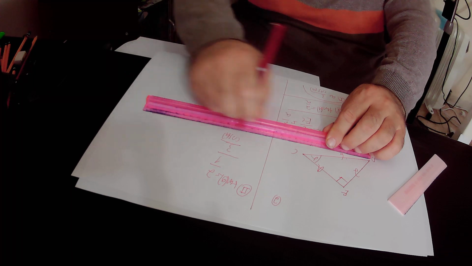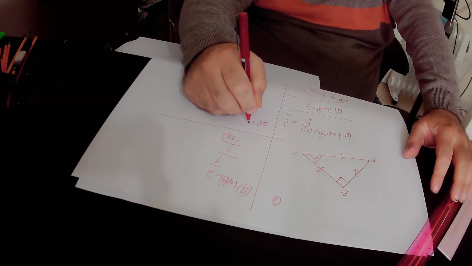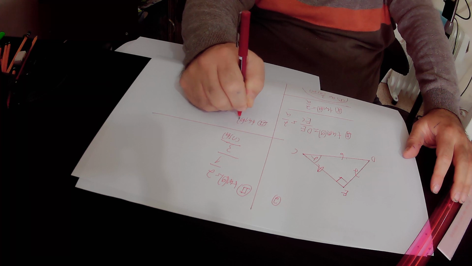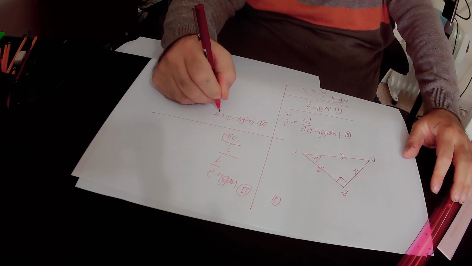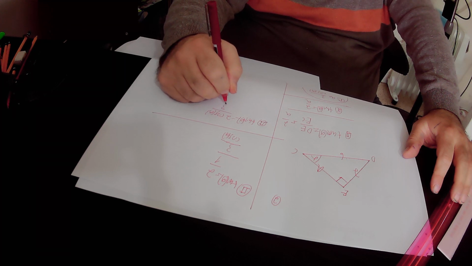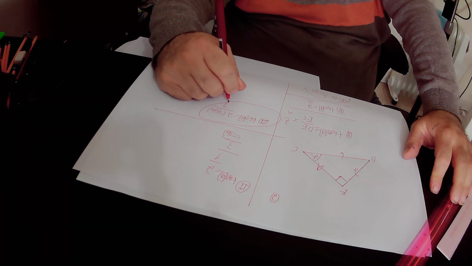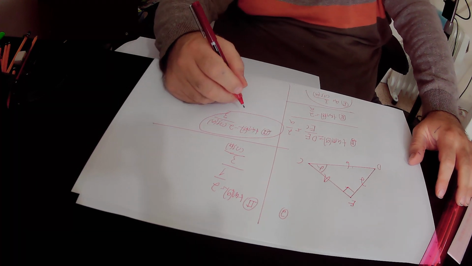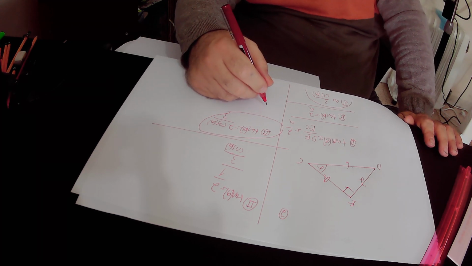So according to equation number 2, we found out that tangent alpha equals 2 times cosine alpha over 3. We know that tangent alpha equals sine alpha over cosine alpha, so we can substitute tangent alpha in equation number 2 by sine alpha over cosine alpha.